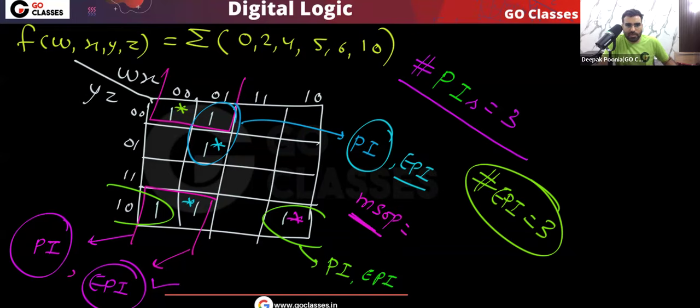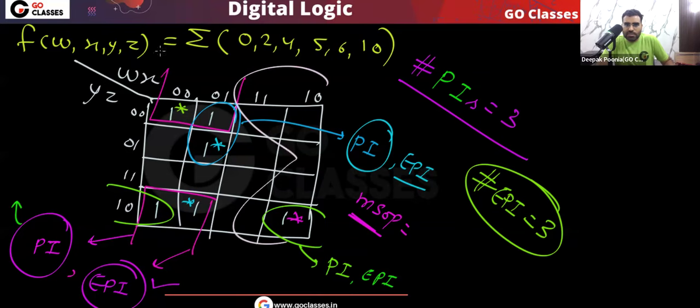Okay, to write the minimal SOP, for all these PI we will write the product term, then we will do the sum of those product terms. Tell me, for this pink PI, what will be the product term? Now I need to label the area. In this K-map, because I'm finding the product term for all these PI, I need to label the area.